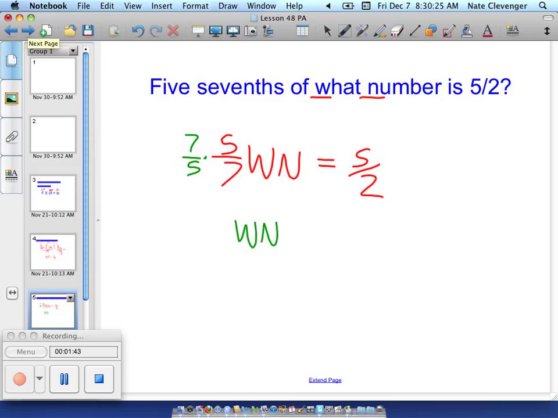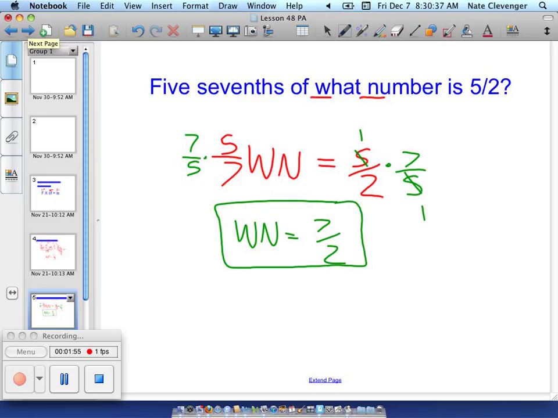So that leaves me with 1 WN, and I don't have to put the 1 there. And then I'll take this side times 7/5. The 5s will reduce, and we're left with 7/2. It's okay, even though the question says what number, that doesn't mean it has to be a whole number value or an integer. It can be a fractional value. So your number would be 7/2.